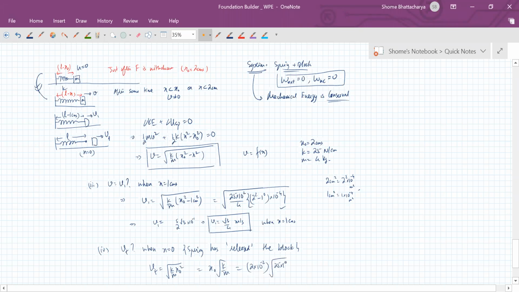This is 25 into 10 raised power 2 divided by 4. So 2 into 5 by 2 into 10 raised power minus 2 into 10 raised power 1. I think it should come half. So V final should come out to be 0.5 meters per second.